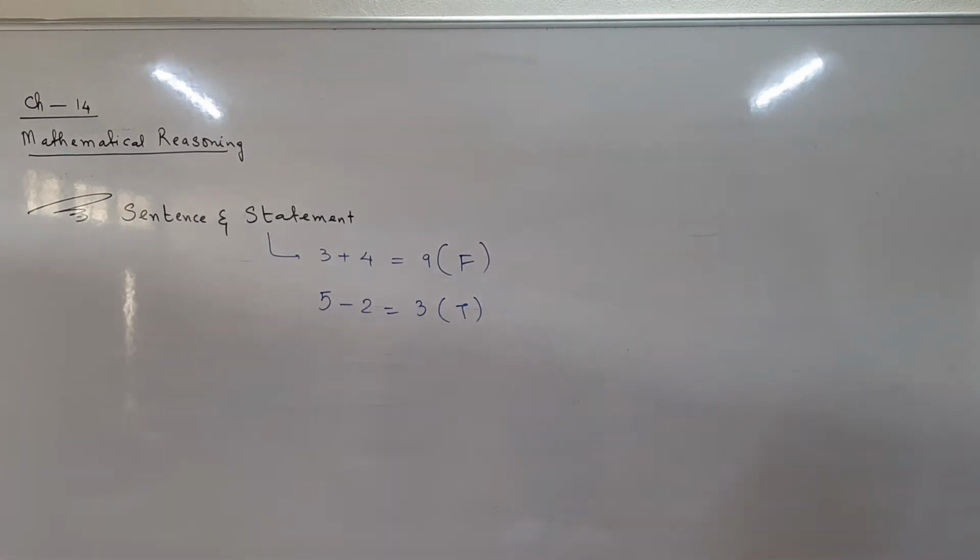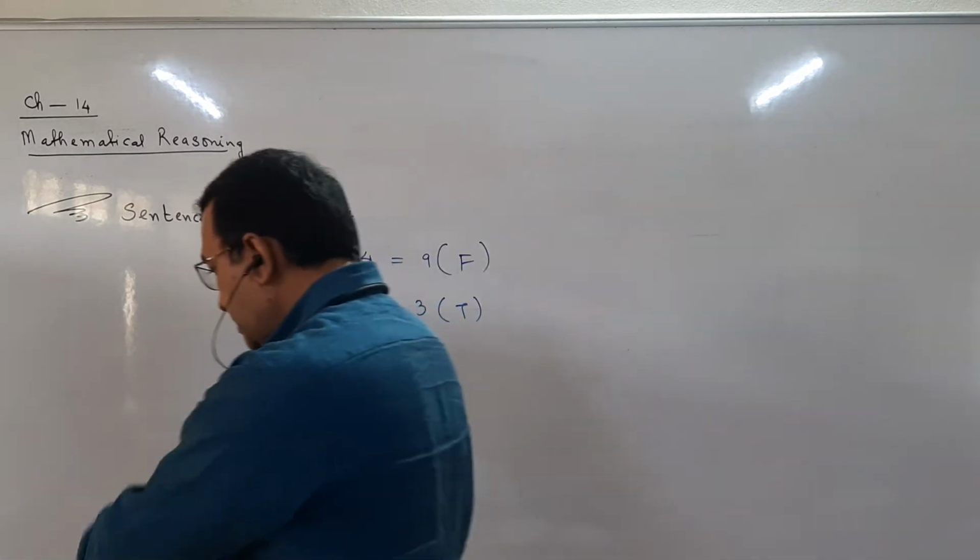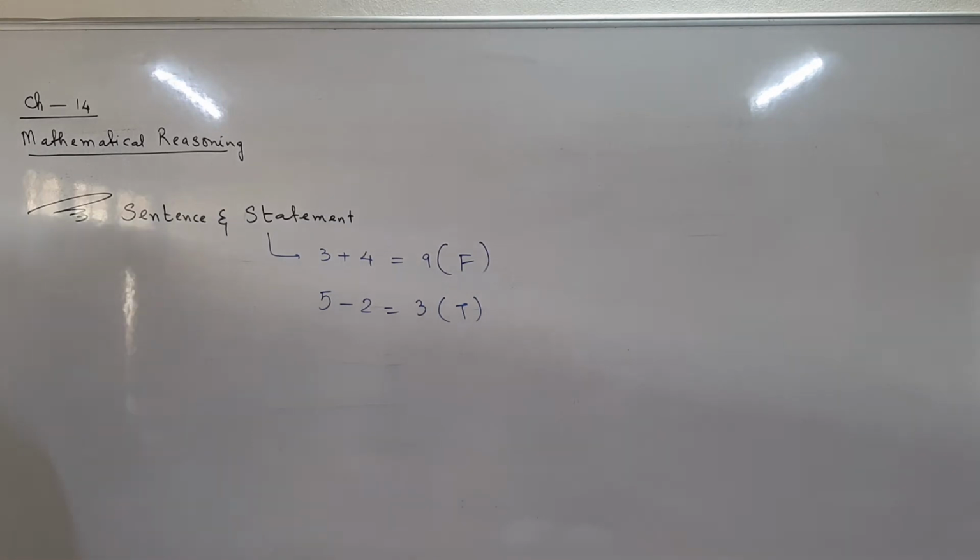So, what is a mathematically accepted statement? A sentence becomes a statement if it is definitely either true or false, but not both at a time.